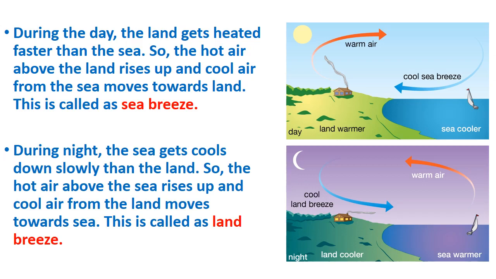And what is land breeze? During the night, the sea gets cooled down slowly than the land, right? So the hot air which is present above the sea will rise up, and the cool air from the land will move towards the sea. So this is called land breeze. It is just the opposite of sea breeze.